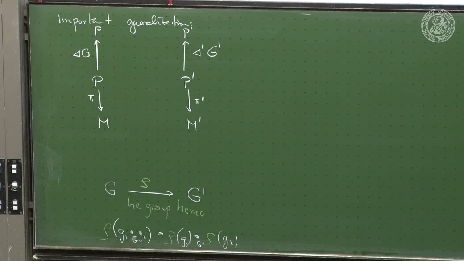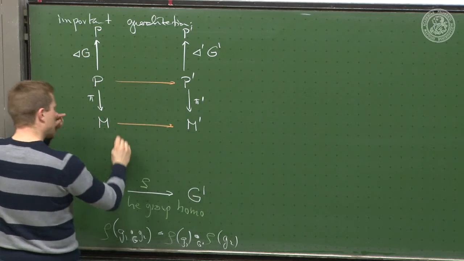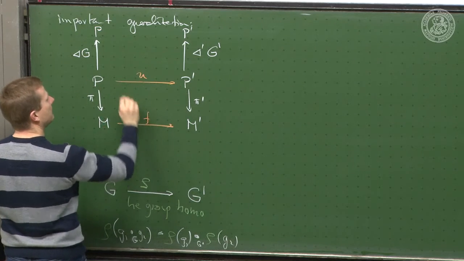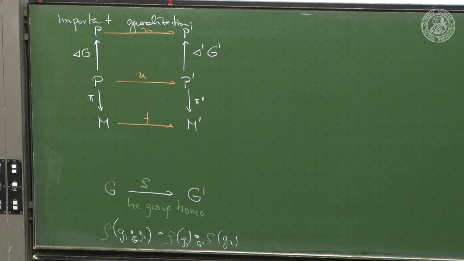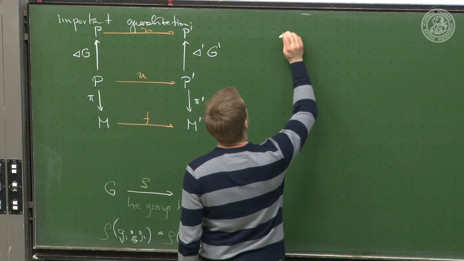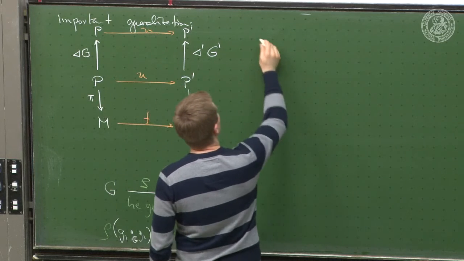So this is an additional piece of data we've got to give, an additional datum, and then you have a U and the F, and you can ask the same question again. When is this, or how would we define this to be a principal bundle map? And now the requirement is that all of this commute.